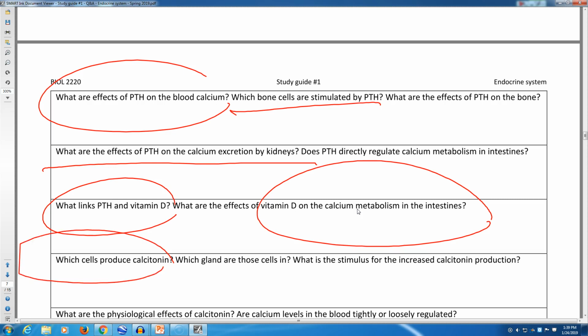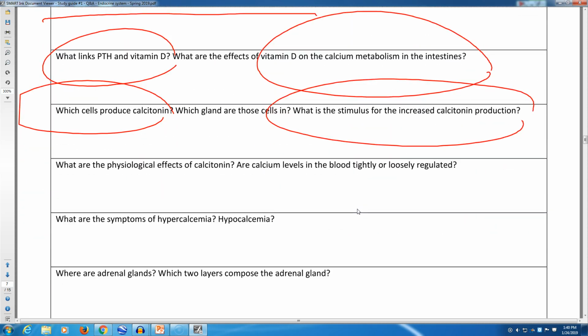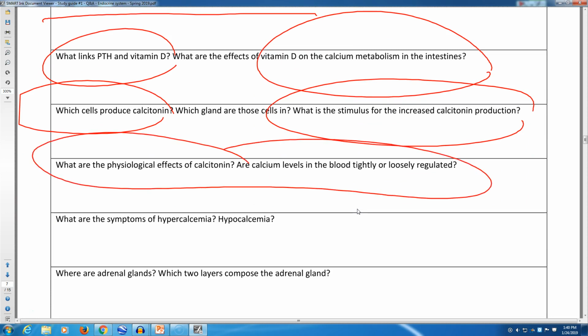Calcitonin, produced by parafollicular cells of the thyroid gland. Stimulus: extremely high calcium in the blood. Physiological effects: calcitonin stimulates osteoblasts, and they deposit calcium in the bones, meaning that calcium levels in the blood will go down.